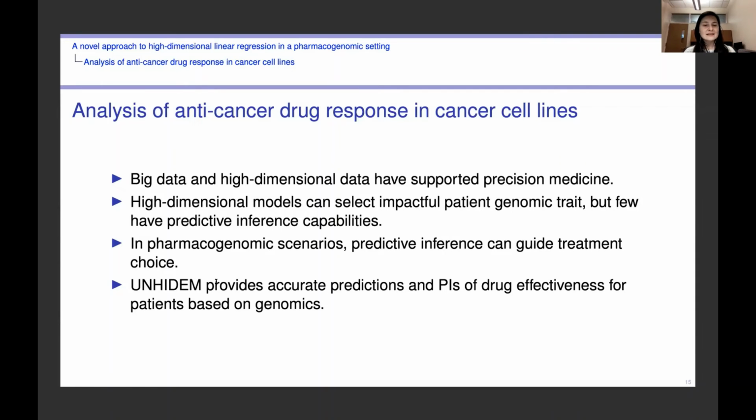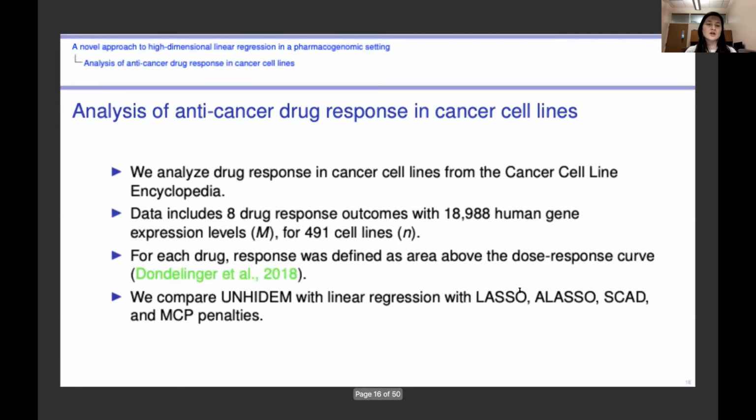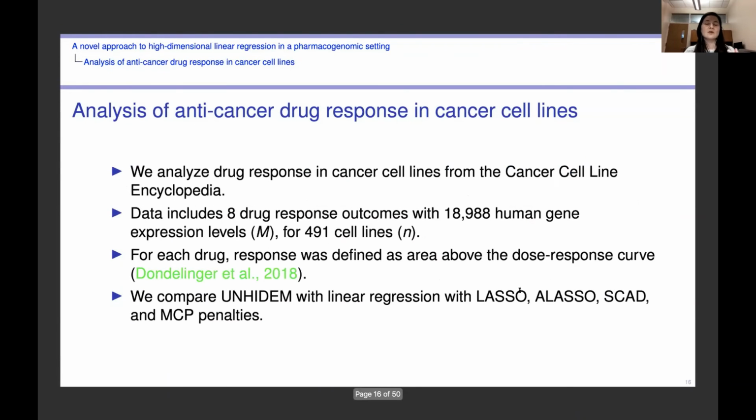In this analysis, I'm going to show you how with HiThumb we've been able to generate accurate predictions and prediction intervals of drug effectiveness for patients based on genomics, as opposed to just, for example, clinical data. The data set comes from the Cancer Cell Line Encyclopedia, which had 8 drug data sets, so 8 different drugs.